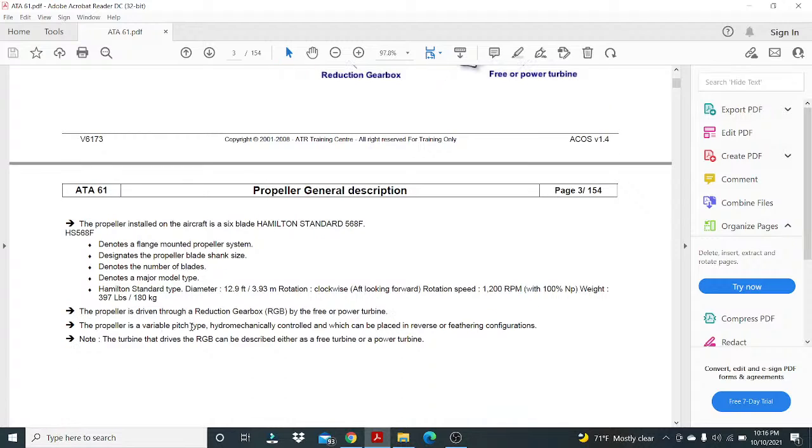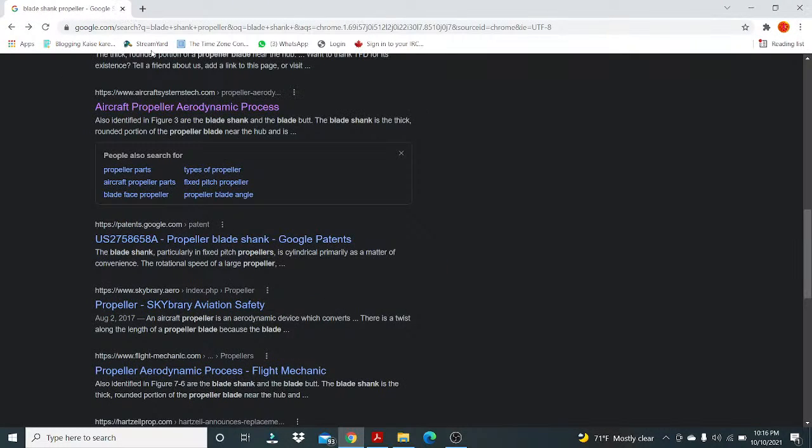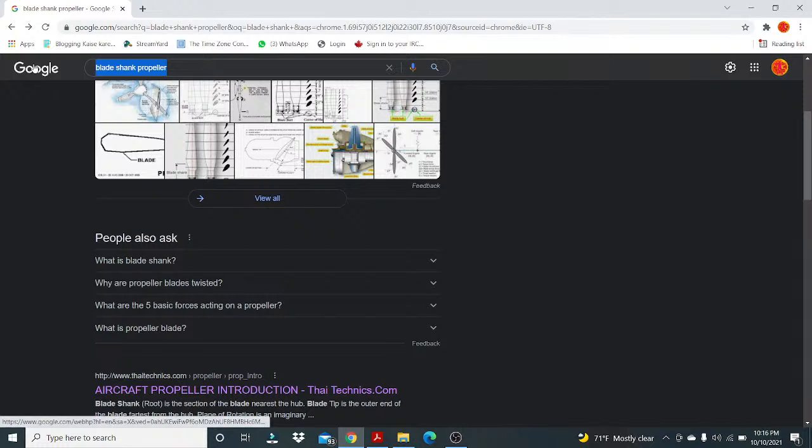The propeller is a variable pitch type, hydromechanically controlled, and can be placed in reverse or feathering configurations. What's a pitch? Okay, so let's start digging.